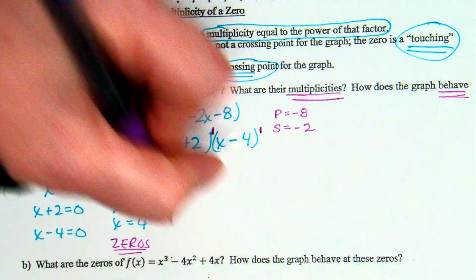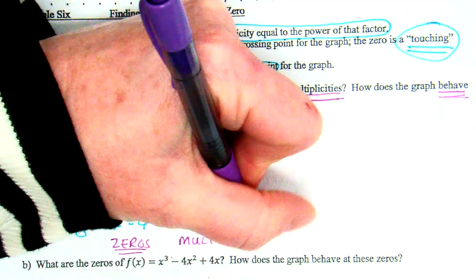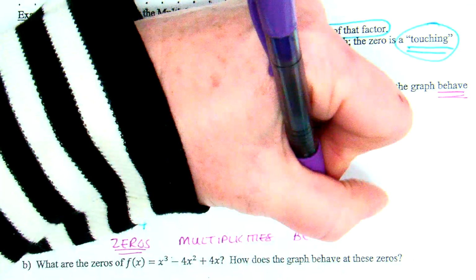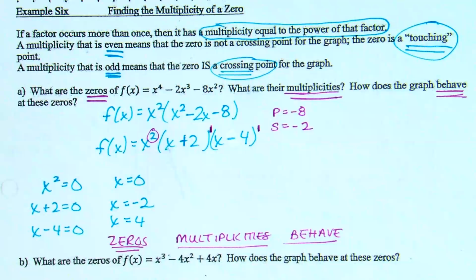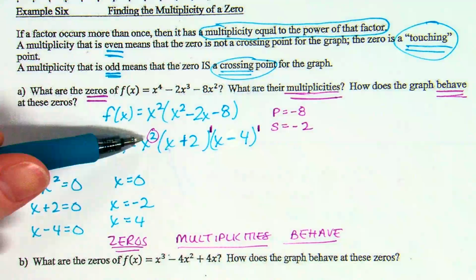Now, next thing I want to talk about, multiplicities. Then we'll talk about how it behaves. Okay, multiplicity is all about the power. When we had x equals 0, what was the power? Power was 2.